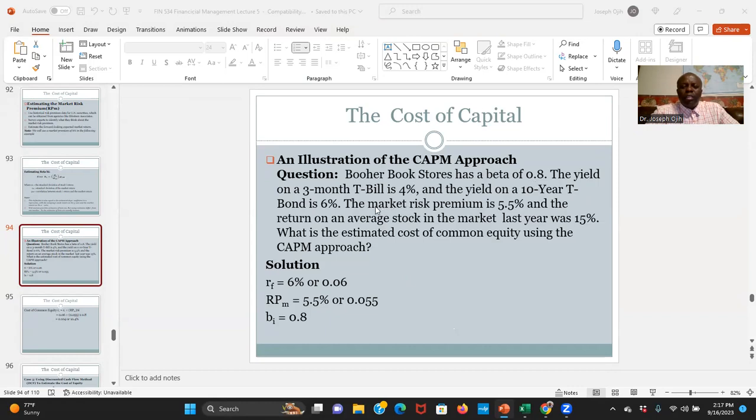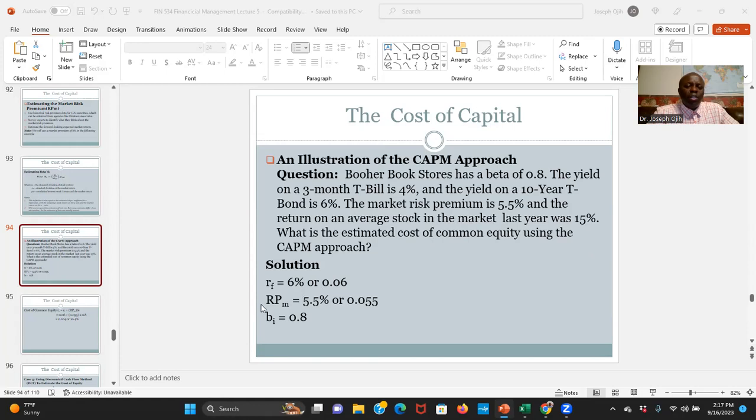The yield on a 3-month treasury bill is 4%, and the yield on a 10-year treasury bond is 6%. Market risk premium is 5.5%, and the return on the average stock in the market last year was 15%. What is the estimated cost of common equity using the capital asset pricing model approach?